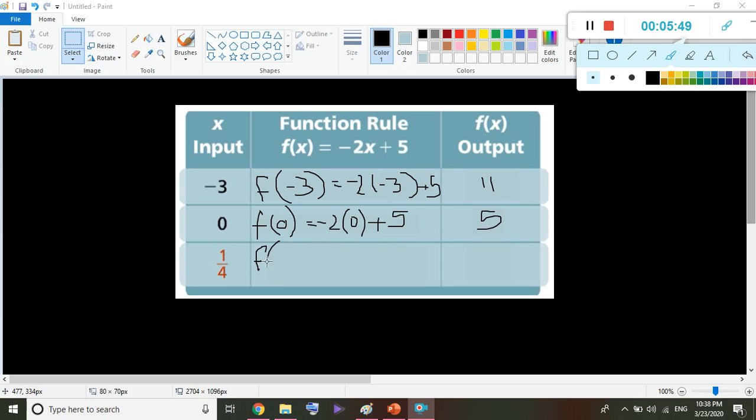F of 1 over 4 is negative 2 multiplied by 1 over 4 plus 5. Negative 2 times 1 over 4 gives me negative a half, plus 5 is 5 minus 0.5, which is 4.5.